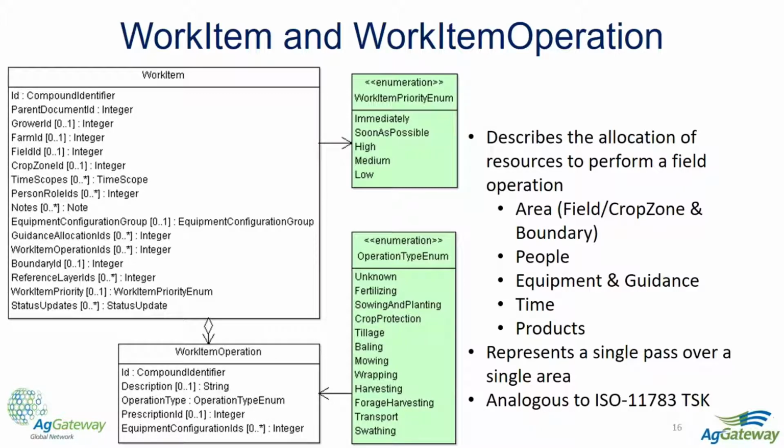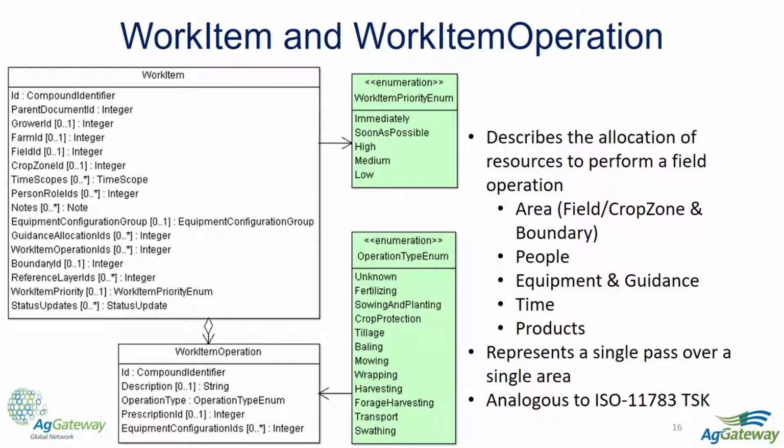Stuart, any additional thoughts about this slide? Well, this was built to address what the stakeholders felt was a gap in ISO 11783. Tasks in ISO 11783 do not have this operation perspective to them. And what I mean by that is they don't allow you to separate out some of the resources and declare specifically which operation those resources are being used in.